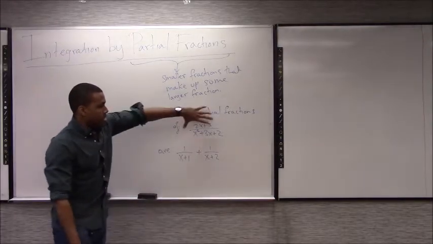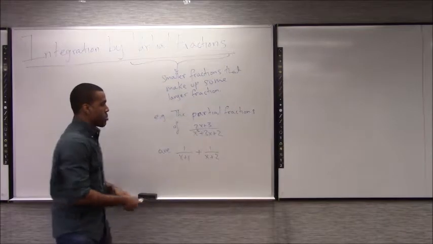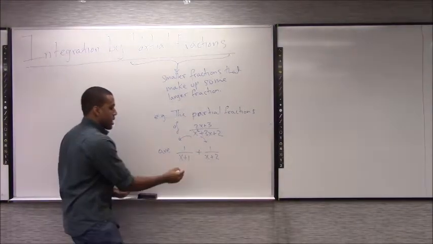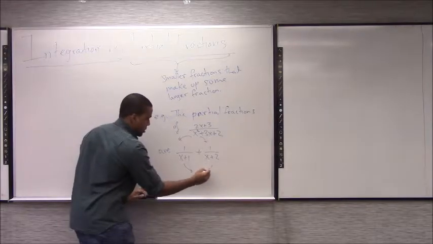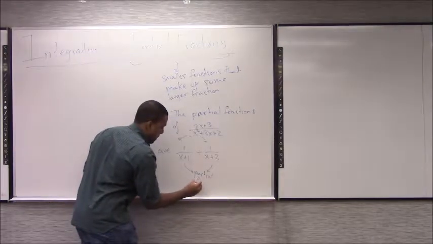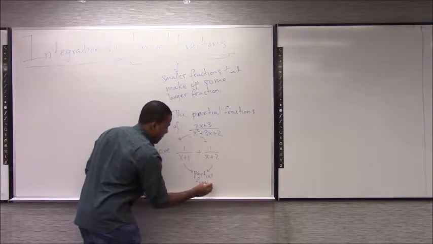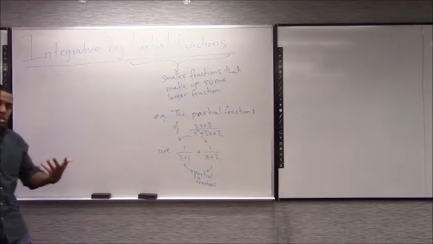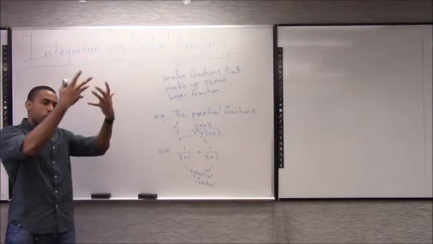I can be given a larger fraction, but if I can break that up into a sum of new fractions, these guys are called the partial fractions. So that's what partial fractions is. They're the smaller fractions that can make up a bigger fraction.